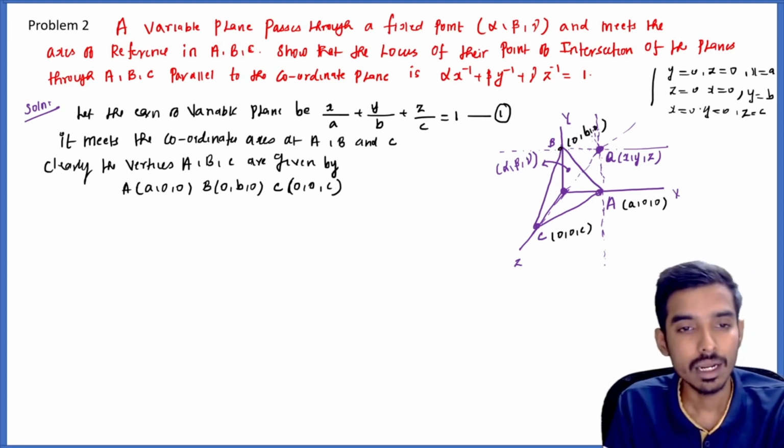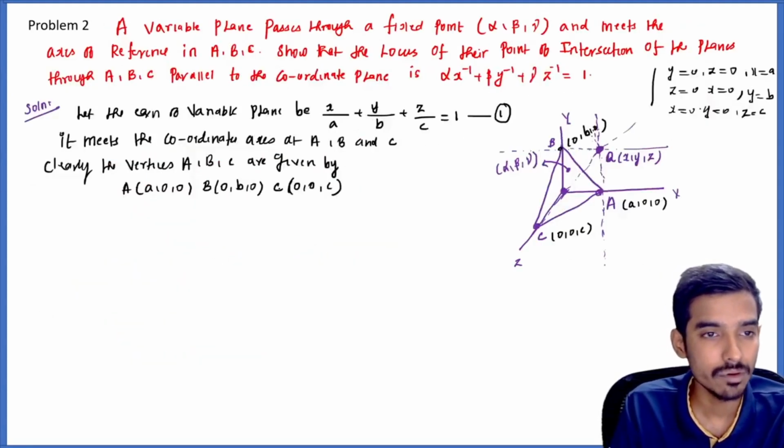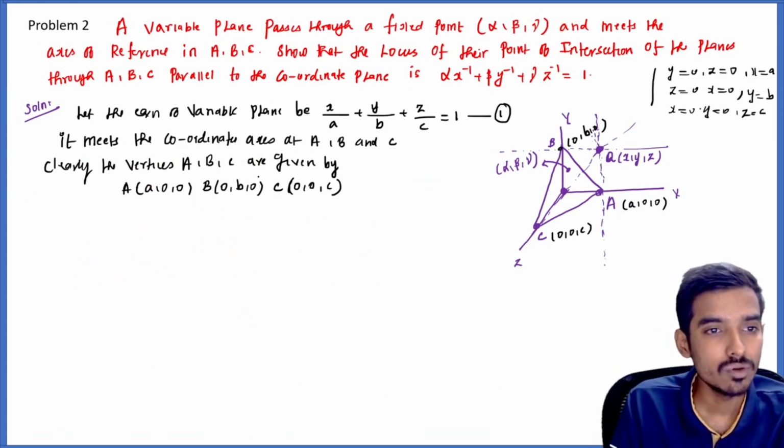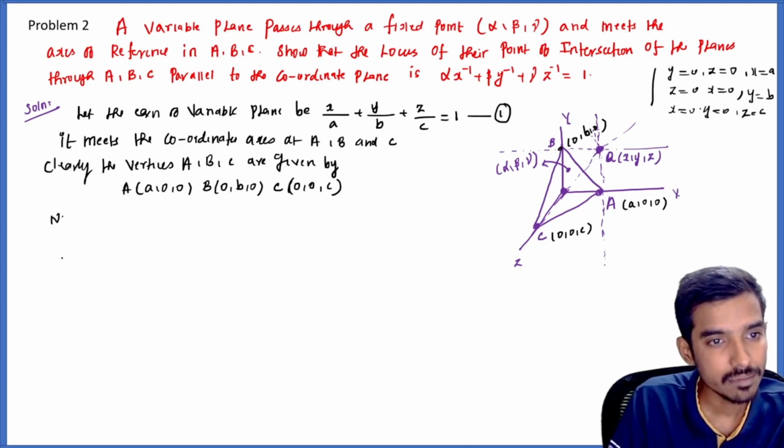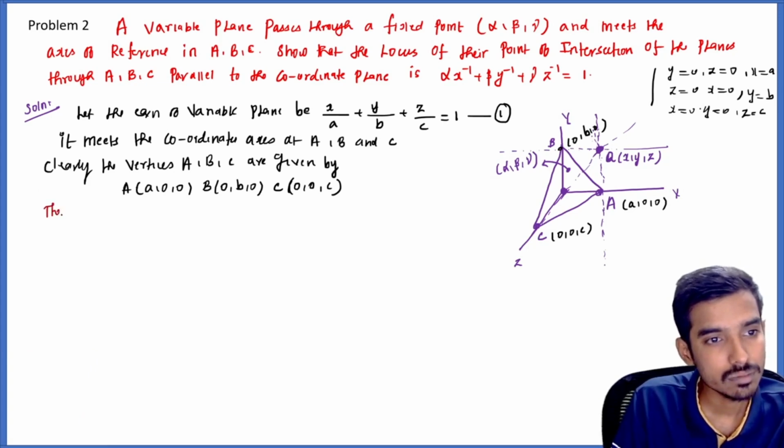Right? Super. Now, in the previous problem, we used the condition that the plane is at a distance of p from the origin. Now what we're going to do is use the condition that it is passing through the point alpha comma beta comma gamma. This is equation 1.